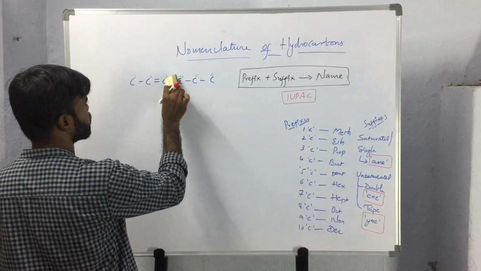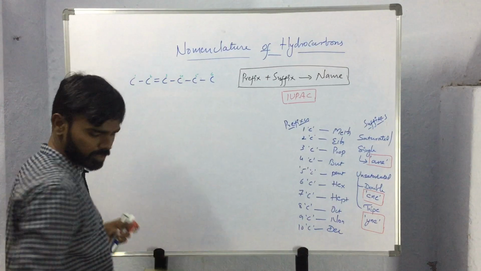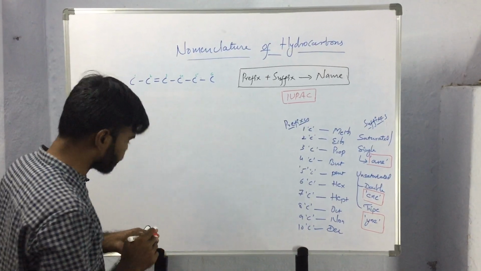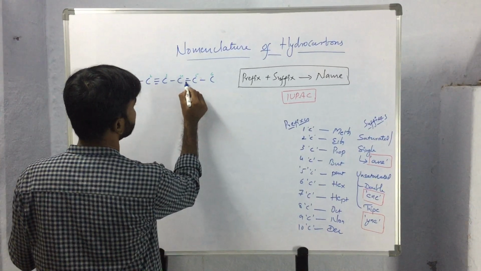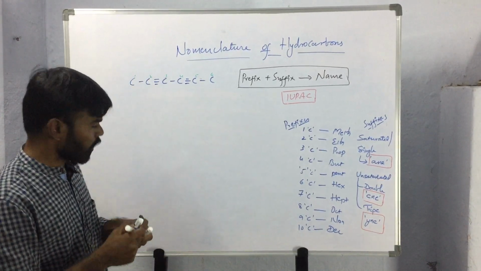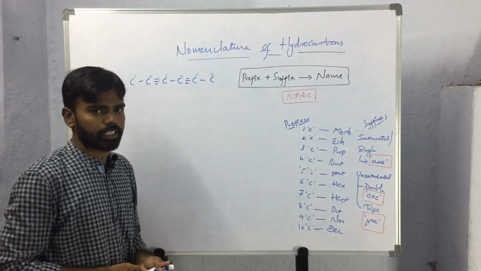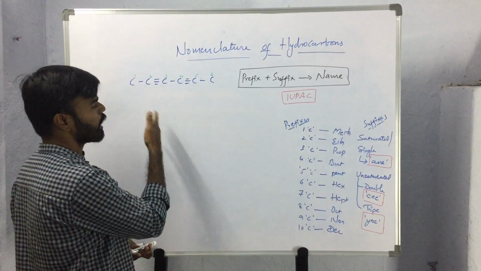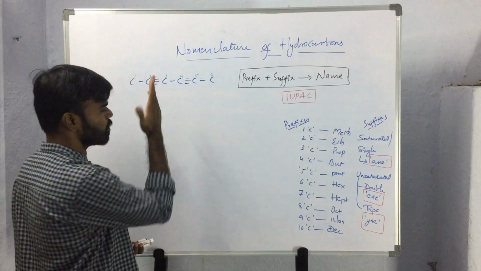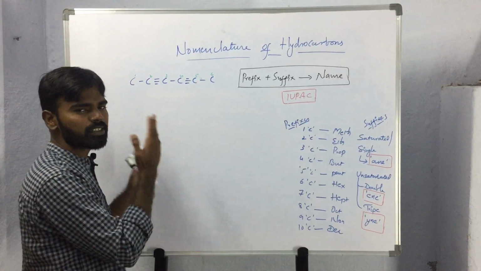Let us consider the triple bond, multiple triple bonds. In this condition, how will we name the compound? The same thing we have done in the case of the double bond, in the triple bond also we will be doing the same thing.